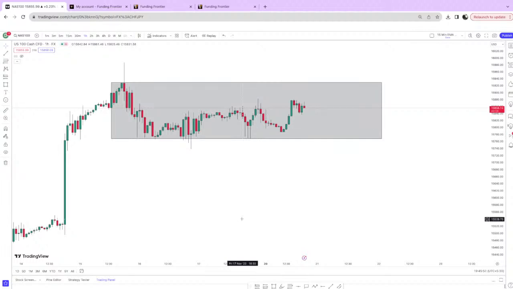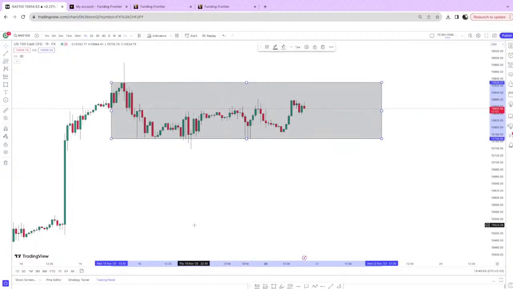No. In the market, there's always a zone. There's never a clear point, exactly that point, nothing like that. It's a zone. So it's almost equal highs, equal lows. So in the 1 hour time frame, it's consolidation.